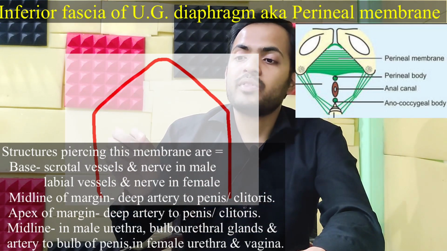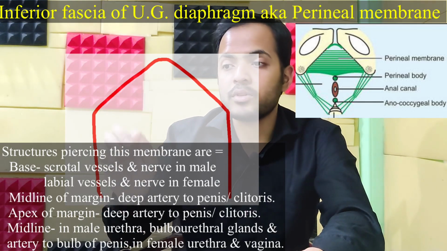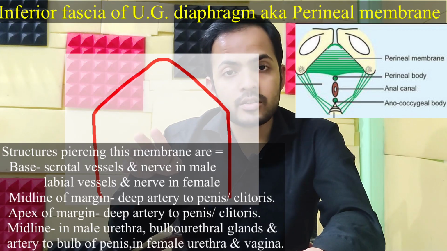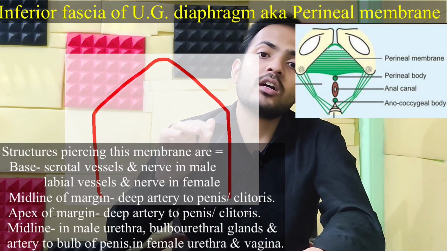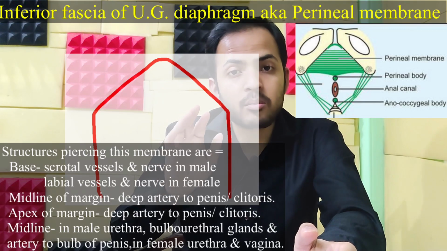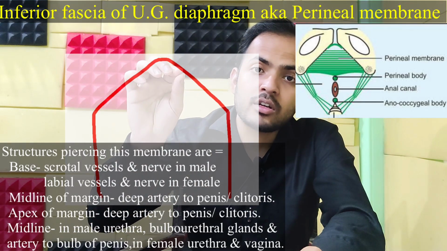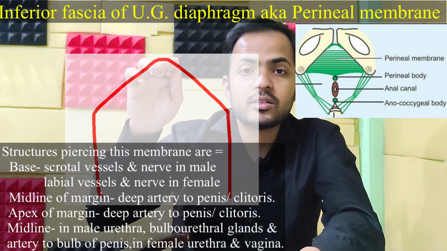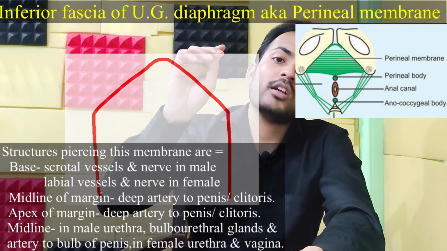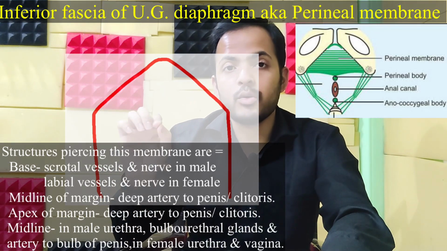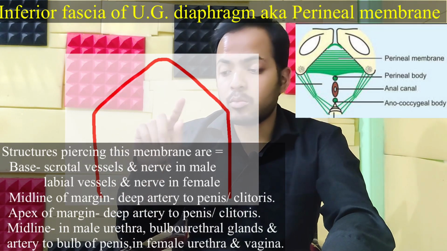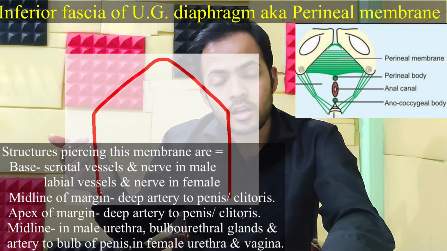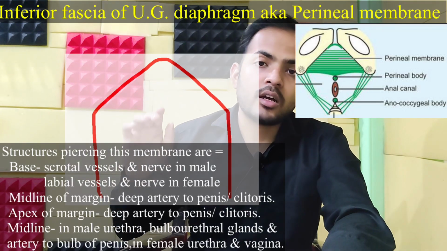At the margin near the apex, it is pierced by the deep artery to the penis or deep artery to the clitoris. And in the midline you are getting the urethra, then bulbourethral glands and the artery to the bulb of the penis in male, and in female you are directly getting the vagina and urethra.